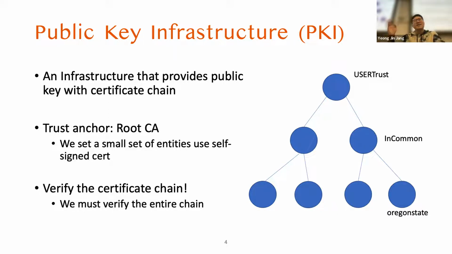I think 2-3 hops are the most common. In our example, it was Oregon State, InCommon, and then USERTrust. At the root, there is no entity to verify that root entity itself. In that case, we use a self-signed certificate.